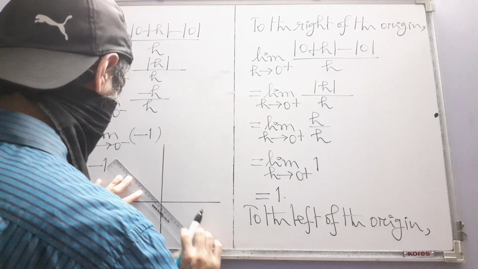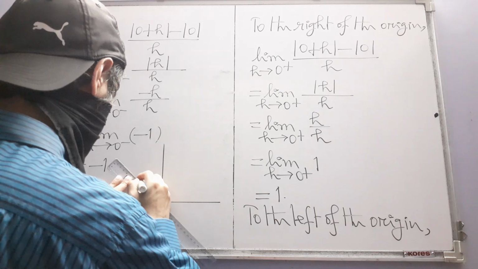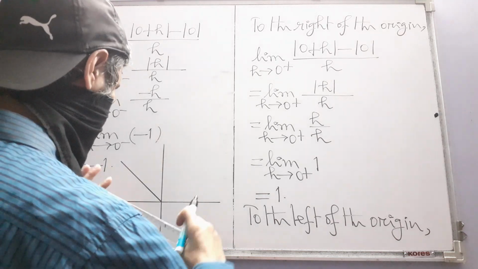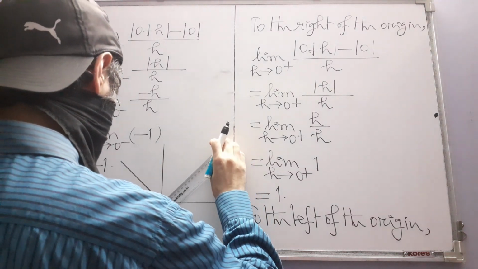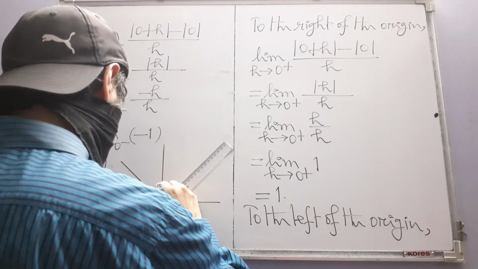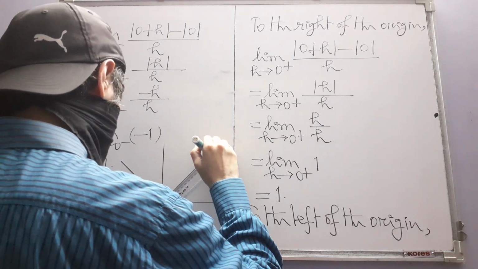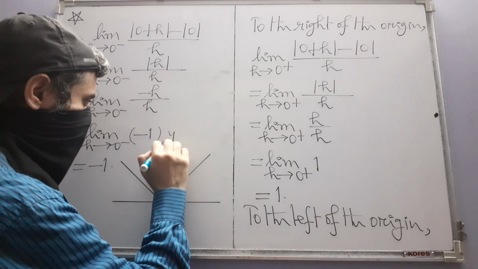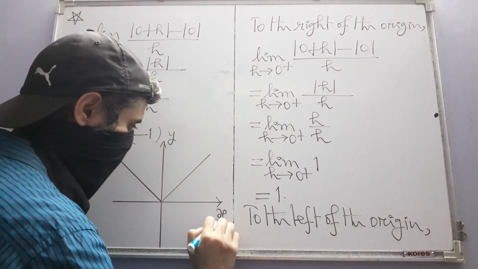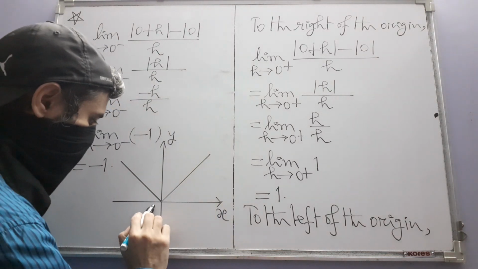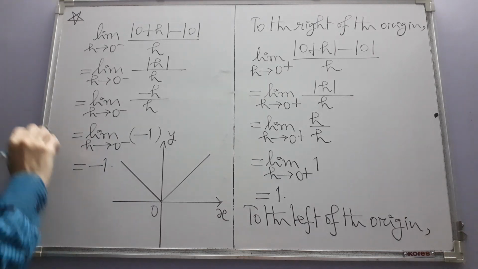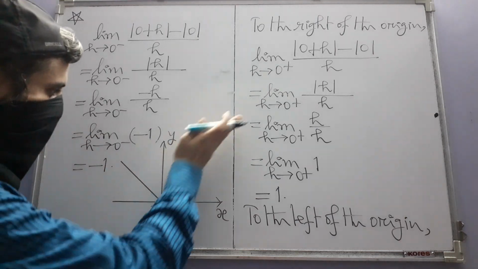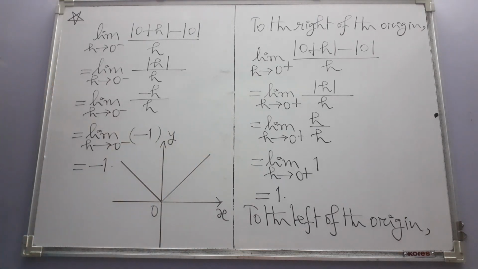So not being geometrically accurate, I am just simply showing how the graph looks roughly. So this is our graph. This is the y-axis. This is the positive y-axis, positive x-axis, the origin. And this is the graph. These lines extend without any end.